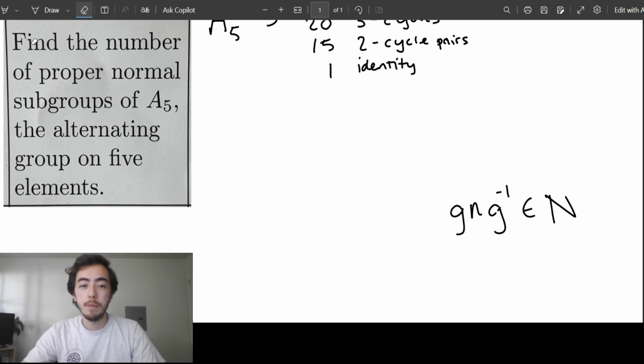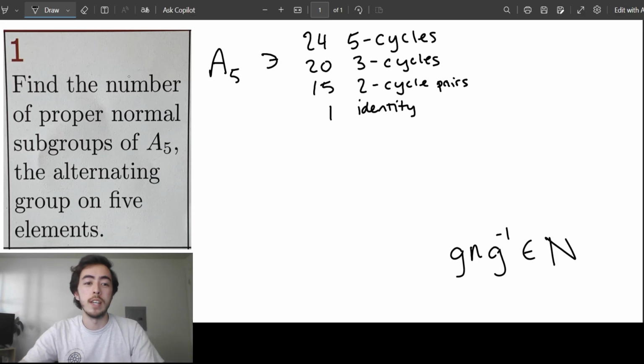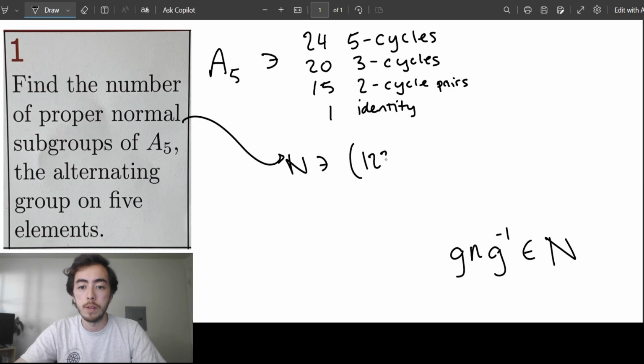So that's my goal. Let's say we're inventing our normal subgroup. Let's say I really want one of our 3 cycles to be in our normal subgroup. So there's an element in here, and let's just say it's the 3 cycle (1 2 3), for example.